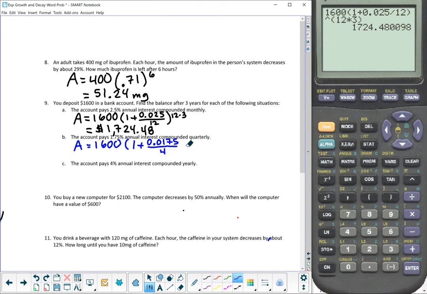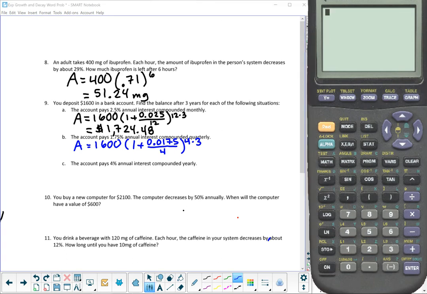So your N is 4, and this is T times N, which ends up being 4 times it by, and it's still going to be 3 years. All of these scenarios are going to be 3 years. So it's going to end up being 4 times 3 or 12. Okay, so if you're working it slowly, you can write down 12. But again, I'm going to type all that in, all in one fell swoop.